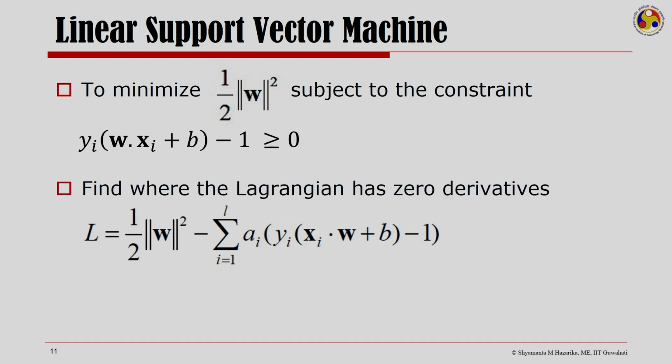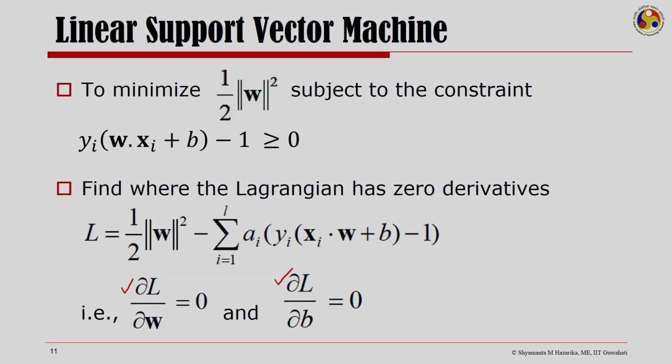Now, in order to realize the extremums, we need to find where the Lagrangian has 0 derivatives, and therefore we look at the partial derivative of L with respect to W equal to 0 and the partial derivative of L with respect to b equal to 0.